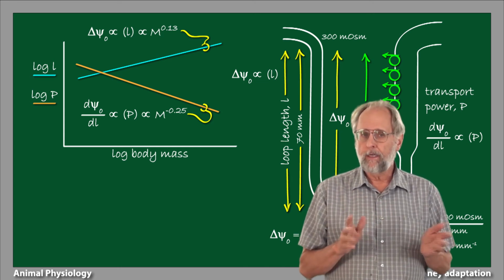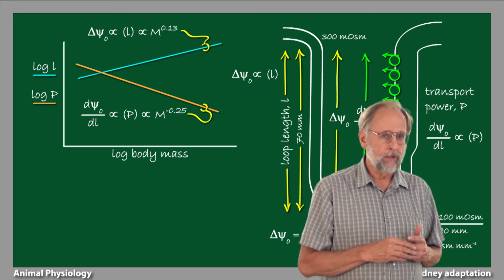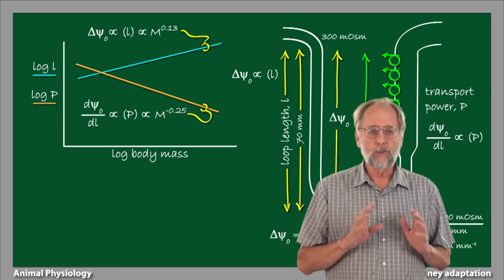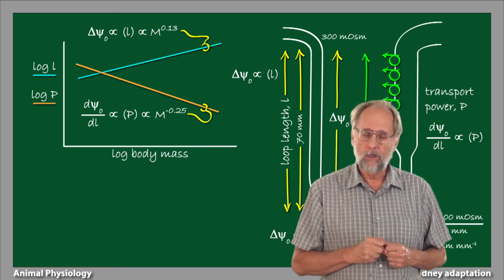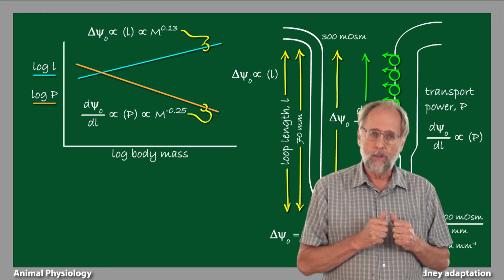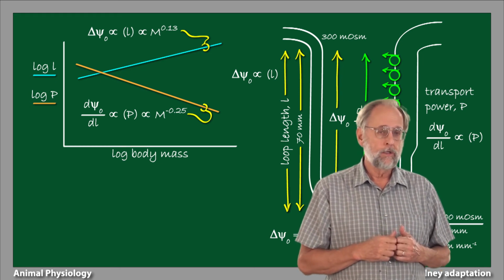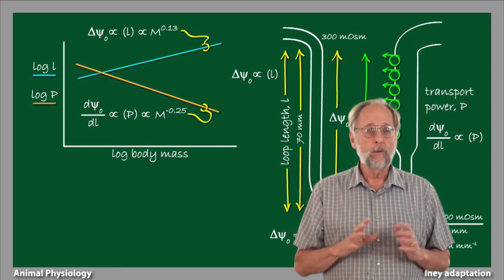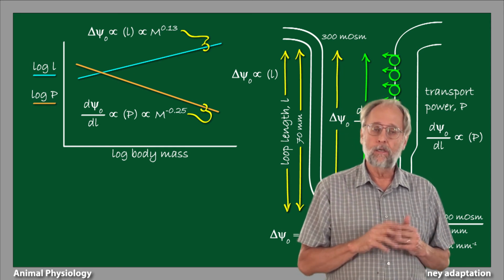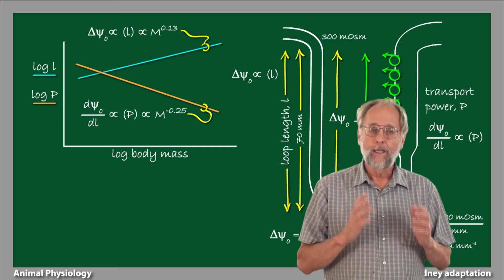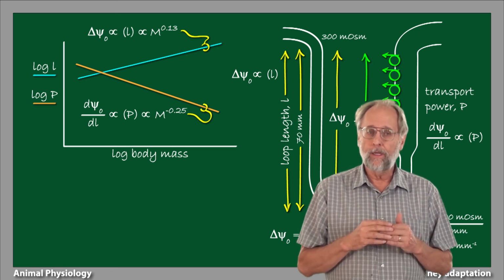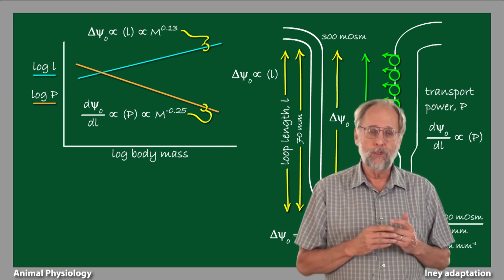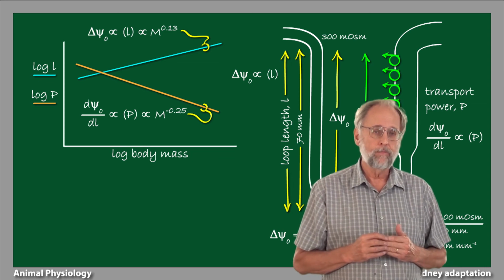This comes from many of the same factors that we spoke of earlier, namely that the tubule cells of small mammals are more packed with mitochondria, their mitochondria are smaller, and the mitochondria have more convoluted cristae. So if we're looking at the ability to power the generation of an osmotic potential gradient, this is going to decline with increasing body mass to the minus 0.25 power.